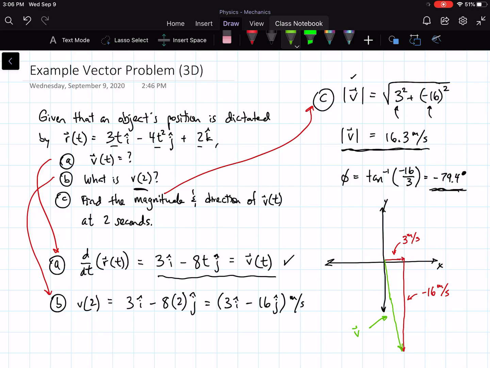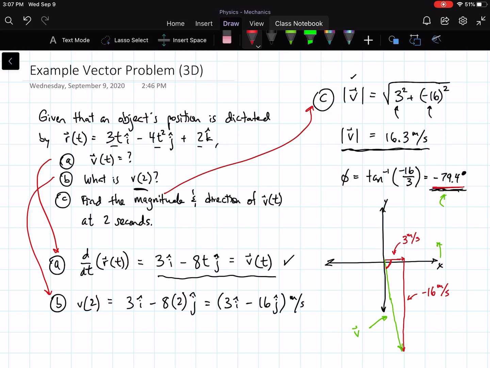Now, this direction is measured from the positive x-axis, and normally you start at 0 degrees and count up going counterclockwise. So if you have a negative angle, then you're going the other direction. And so what we're saying here is that this angle right in here is this 79.4 degrees.